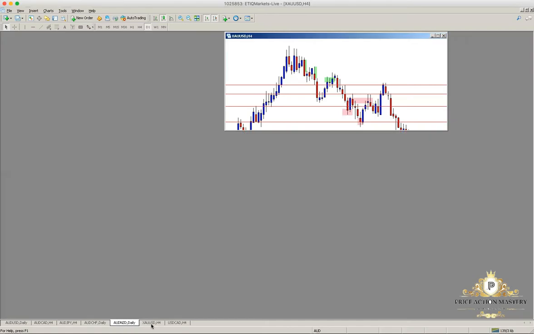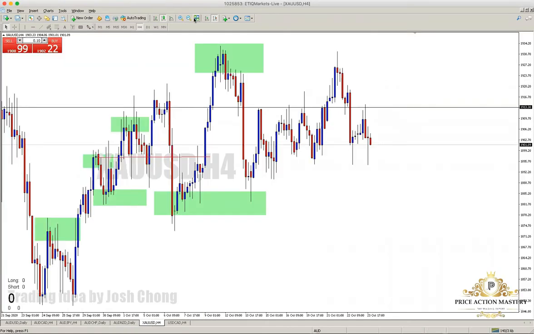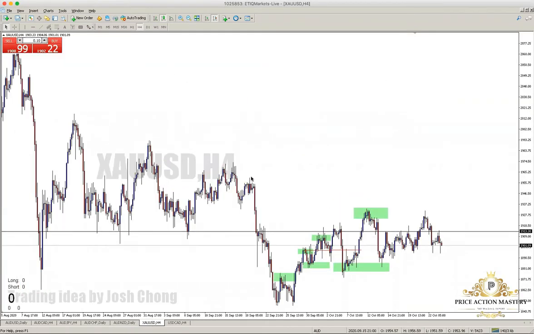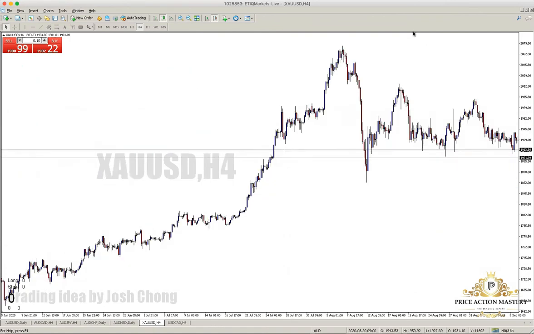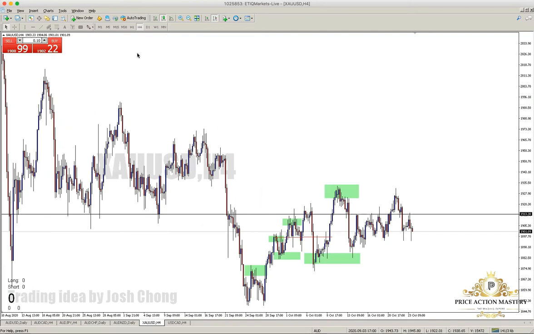And the next will be gold. For gold, to be honest, the entire gold trade is still in a minor uptrend, and the minor uptrend hasn't broken into a downtrend yet. That's why the buy side will be much better than a sell. I will be expecting to buy around this area, which is the support.